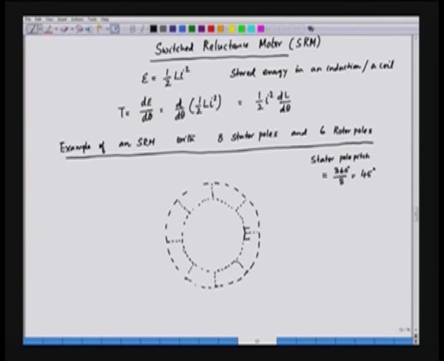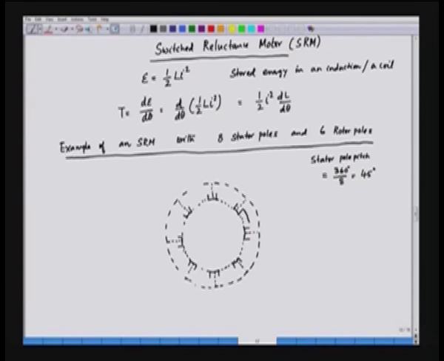These are the poles of the stator: one pole, second, third, fourth, fifth, sixth, seventh, and eighth pole. So, the stator has an 8-pole structure.